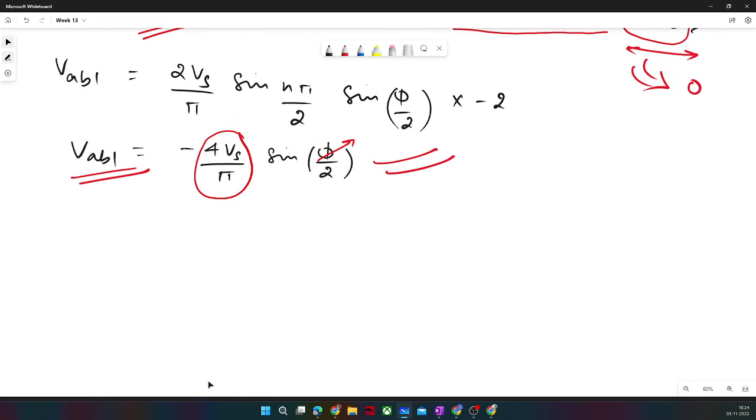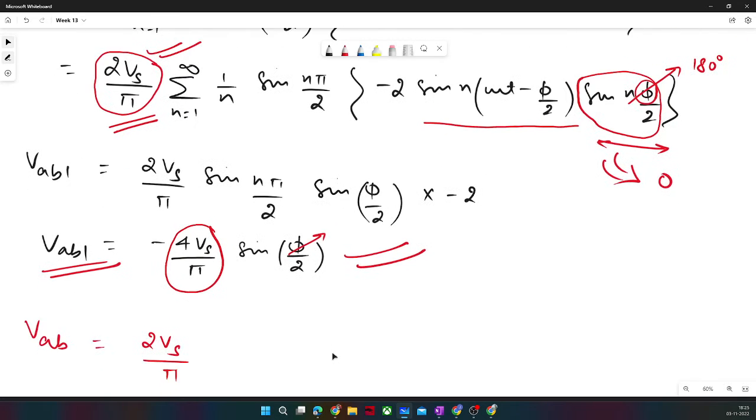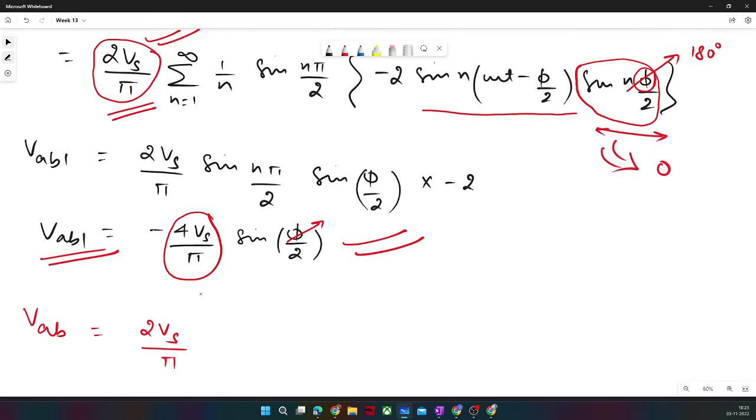And yeah, this expression is very useful. This way AB is 2 Vs by pi, n is equal to 1 to infinity, 1 by n sine n pi by 2, or minus, you can multiply it here.